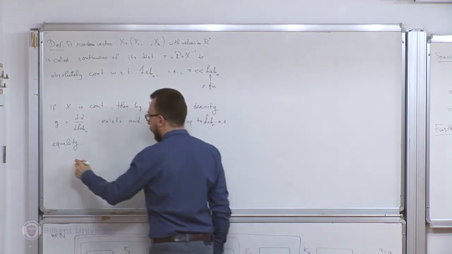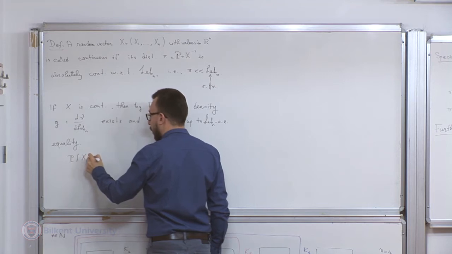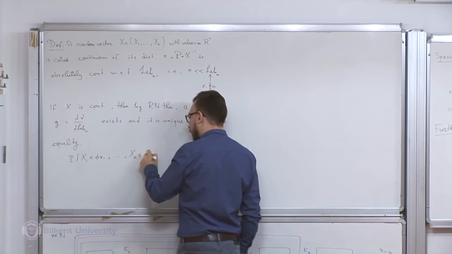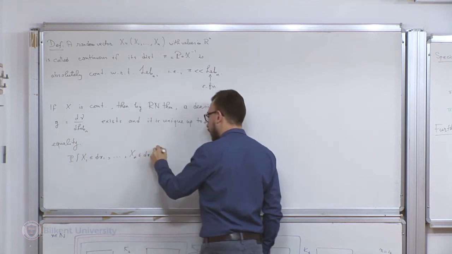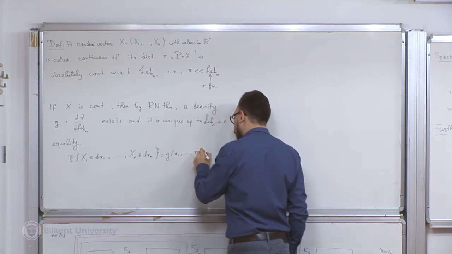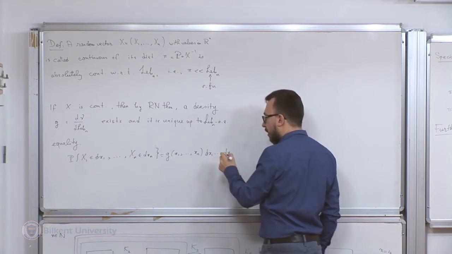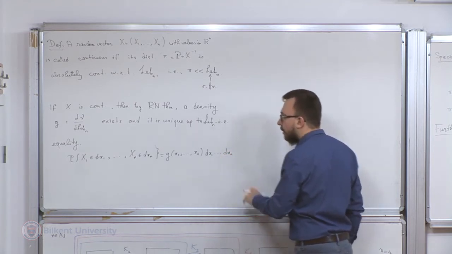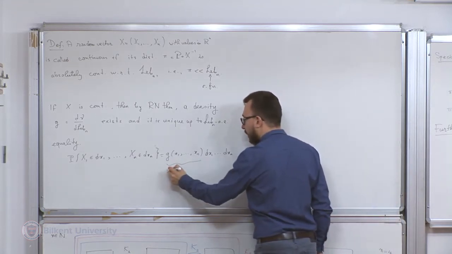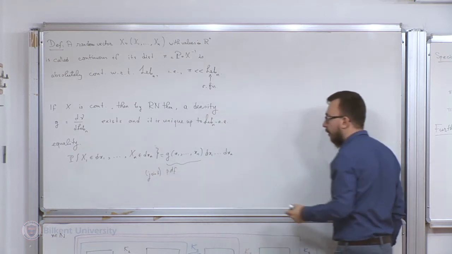So in other words, we can write the distribution of the vector as g(x1, ..., xn) dx1 to dxn for some function g, and this is called, again, the probability density function, or sometimes joint probability density function of the components.